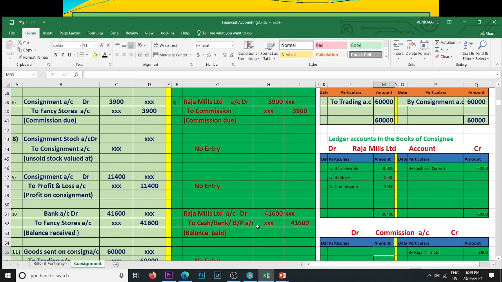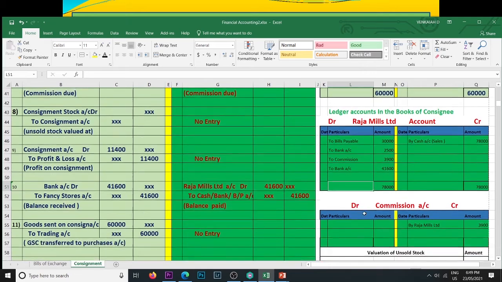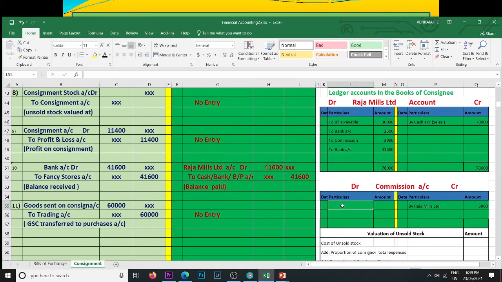Right? So next, balance was paid to Raja Mills Limited by bank account. Amount is 41,600. So it will balance at 78,000. There is no due amount, okay? And this commission is transferred to profit and loss account, P&L account. Amount is 3,900.